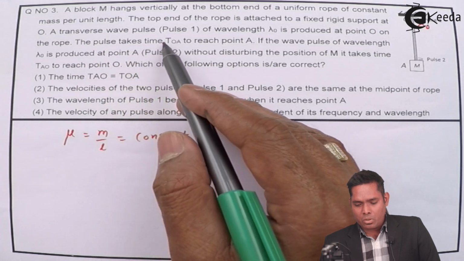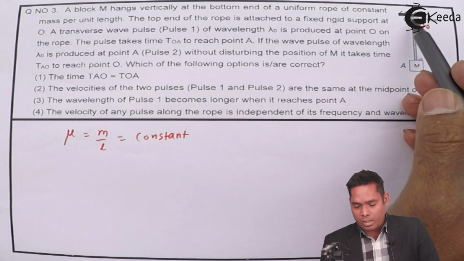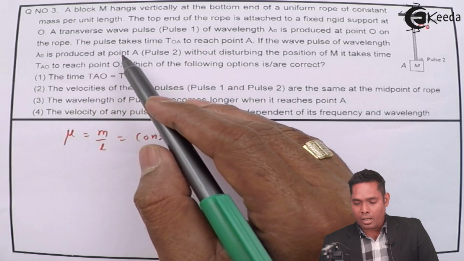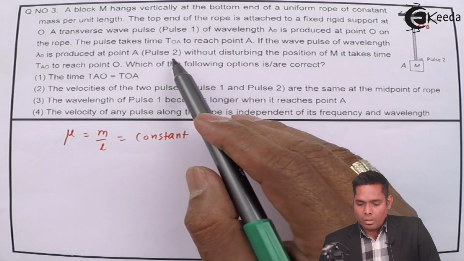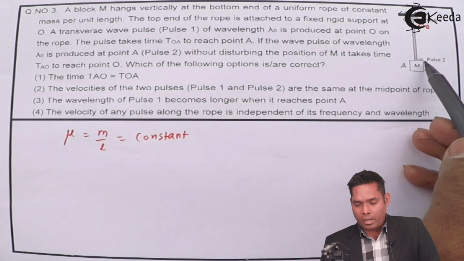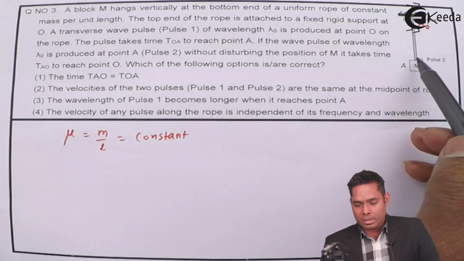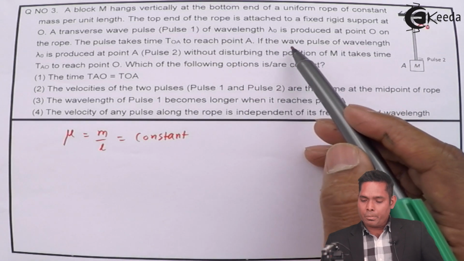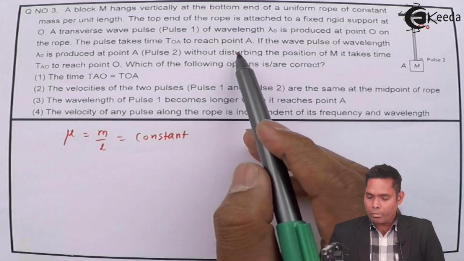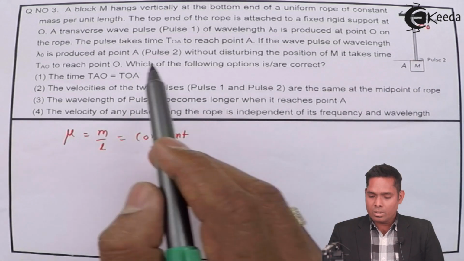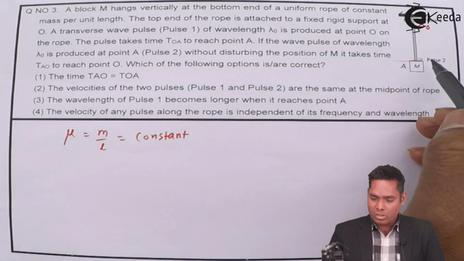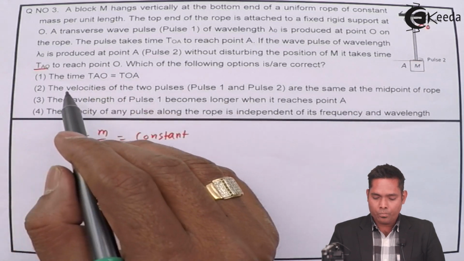The pulse takes time t OA to reach A. If the wave pulse of wavelength lambda naught is produced at A, this is pulse 2, without disturbing the position of M, so the M is not disturbed, only the wave pulse is reflected back. It takes time TAO to reach point O.